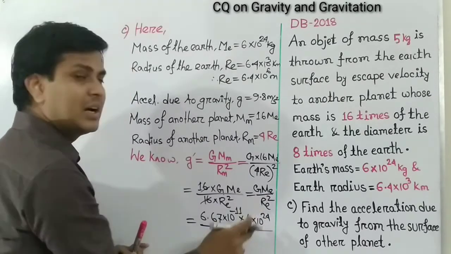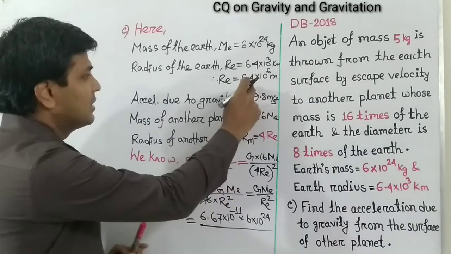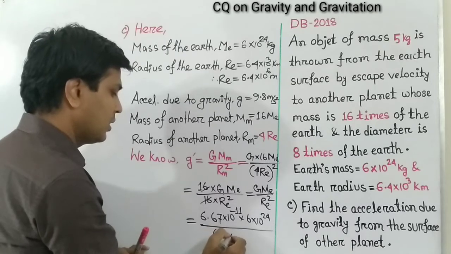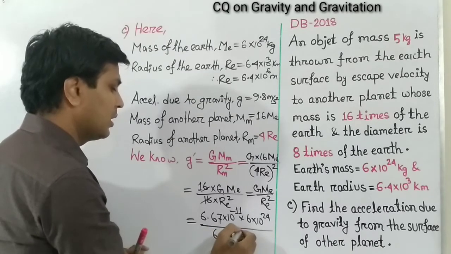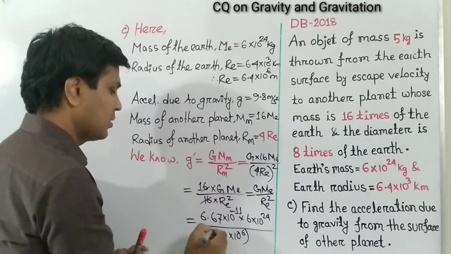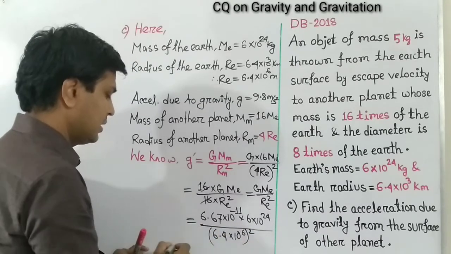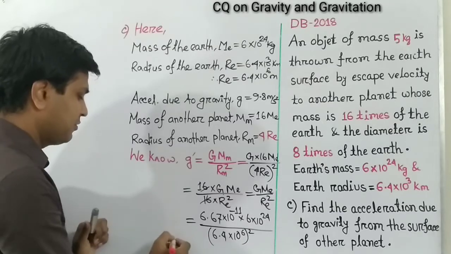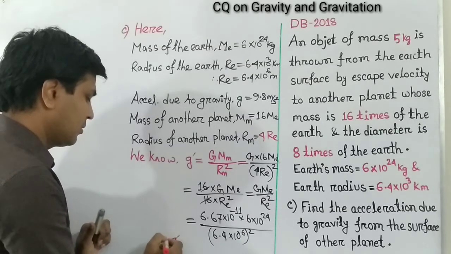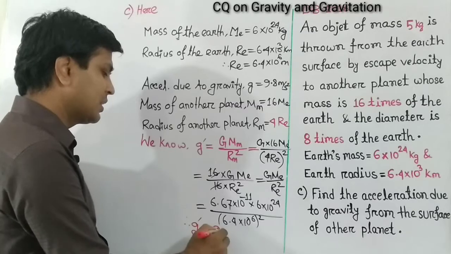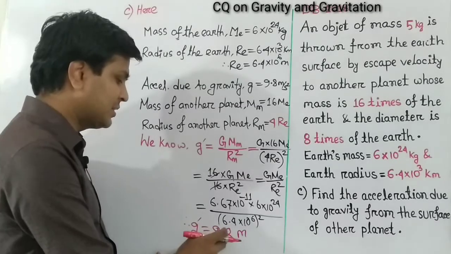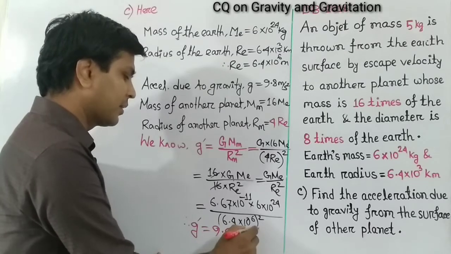And the radius of the Earth is given here as 6.4 into 10 to the power 6 whole square. Then we will get the acceleration due to gravity of the other planet as 9.8, and the unit of acceleration due to gravity g is meter per second square.